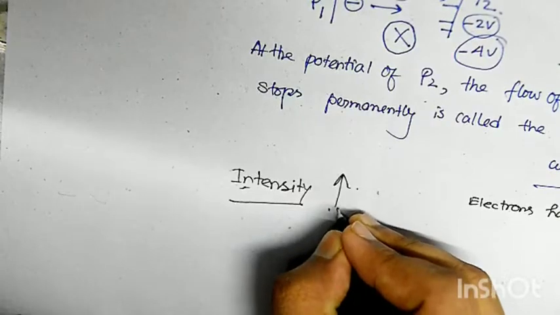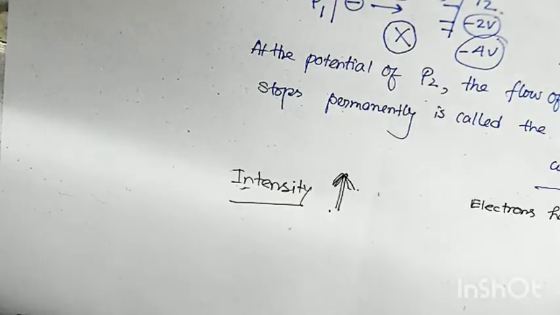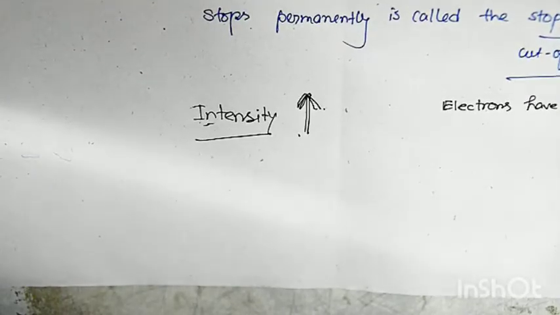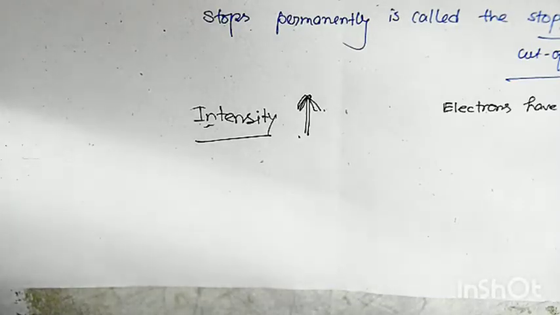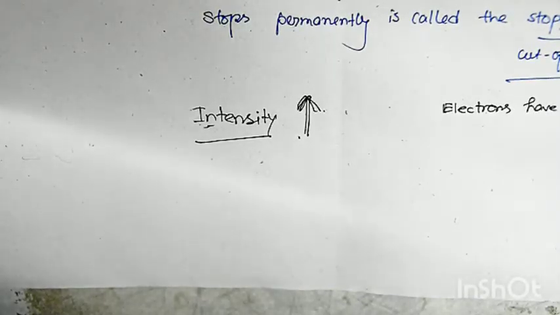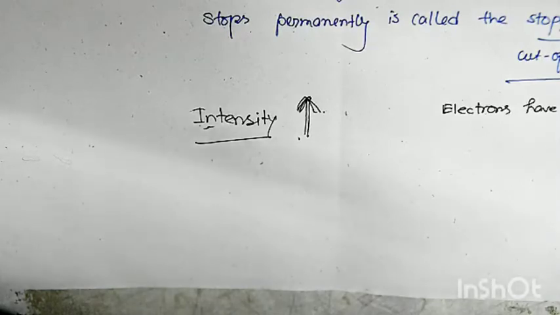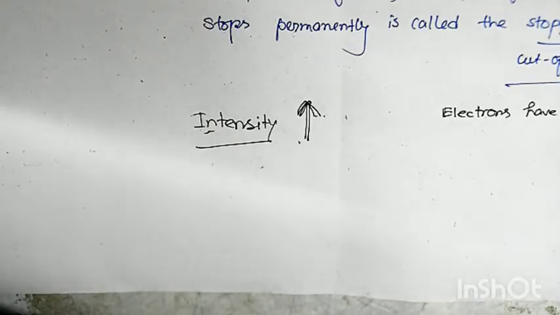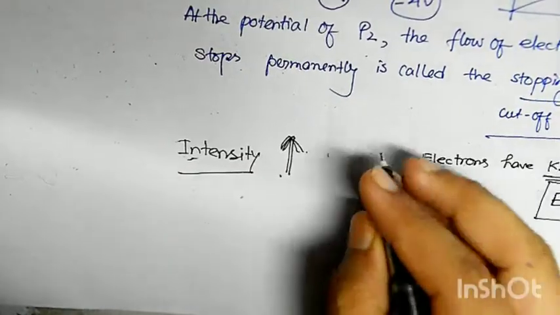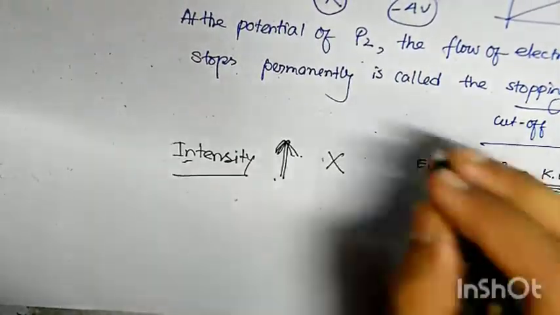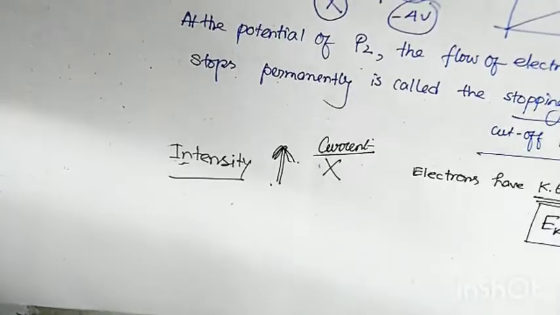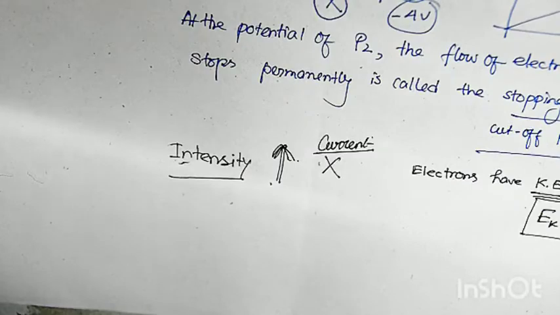They decided that they would increase the intensity and expected that if they increased it, meaning more light beams are given, the electrons would gain more kinetic energy and be able to flow again. Unfortunately, it was observed that no, though I keep on increasing the intensity of light, the current flow does not start again. It was very surprising.